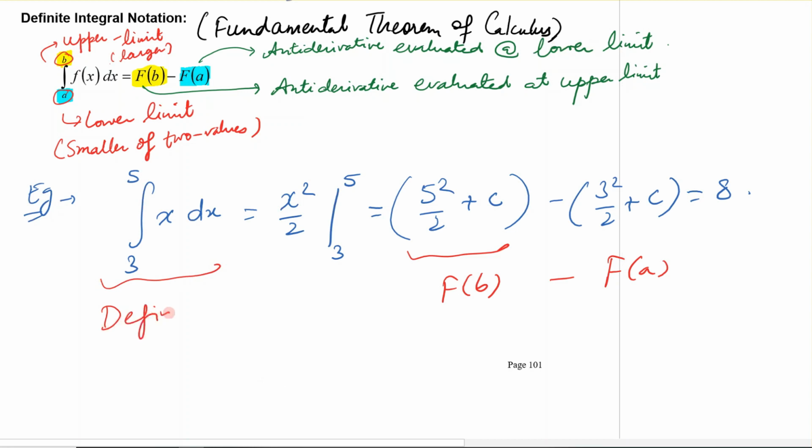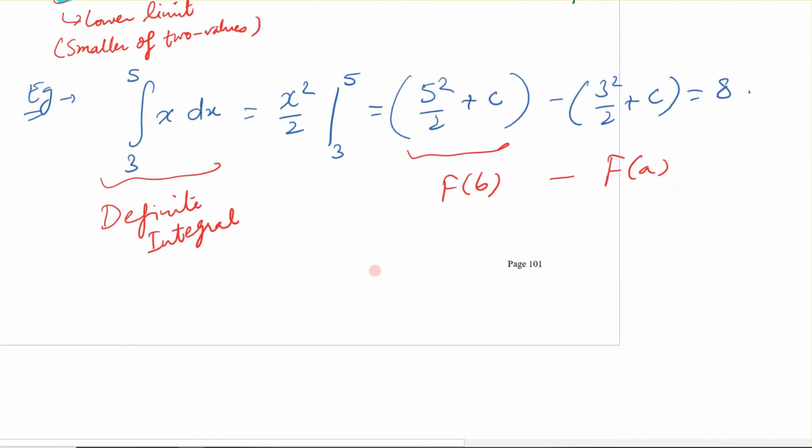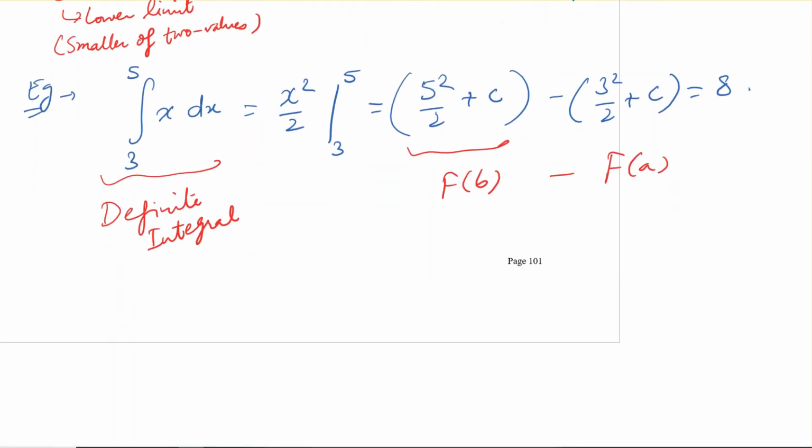Previously we did this example, and we figured out that the integral of x dx from 3 to 5 is F(5) minus F(3), which is 8. What this definite integral gives us is the area under a function.